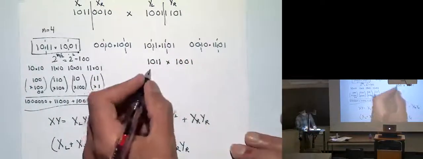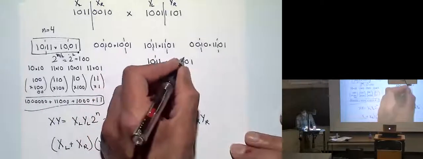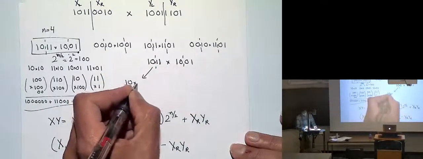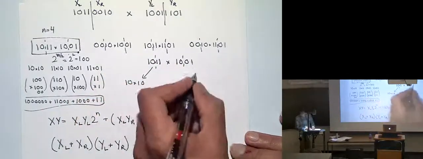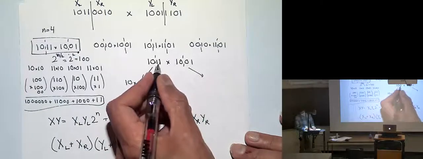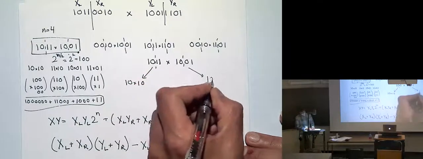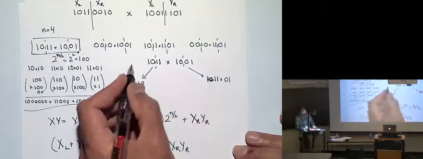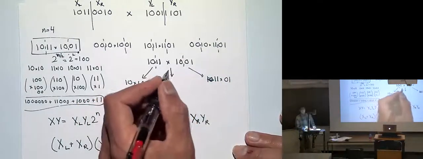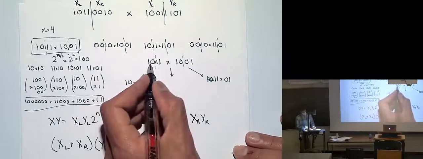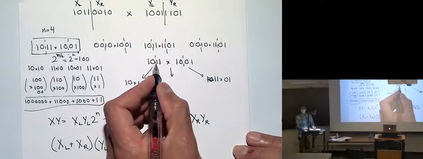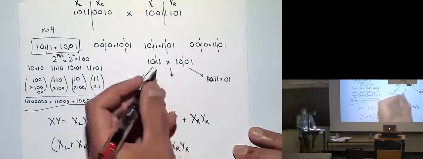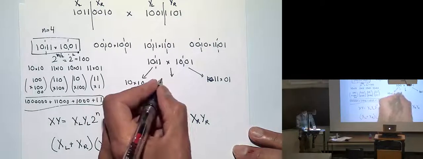The 3 multiplications you will do: you'll do 1, 0 times 1, 0 as before. You'll also do 1, 1 times 0, 1 as before. The middle one that you do is kind of funny. You're going to add 1, 0 plus 1, 1. How much is 1, 0 plus 1, 1? I think it's 1, 0, 1.